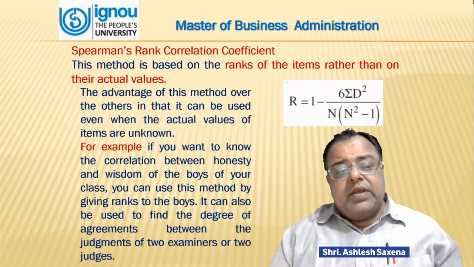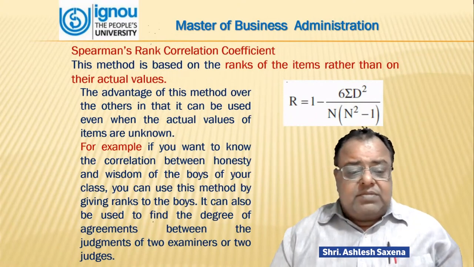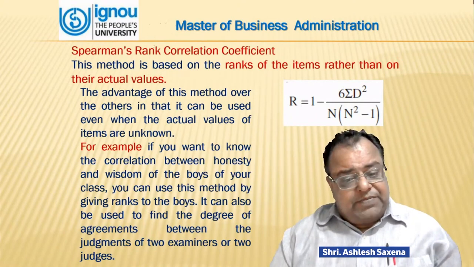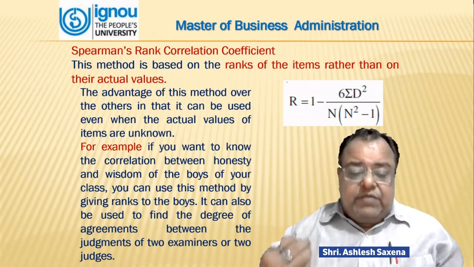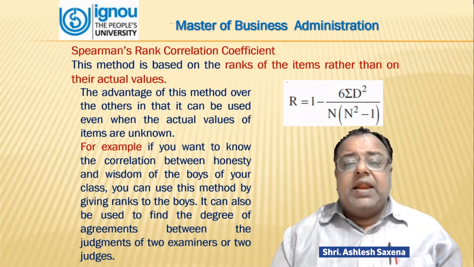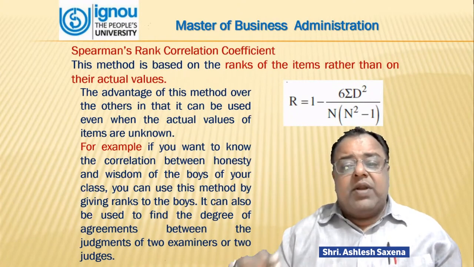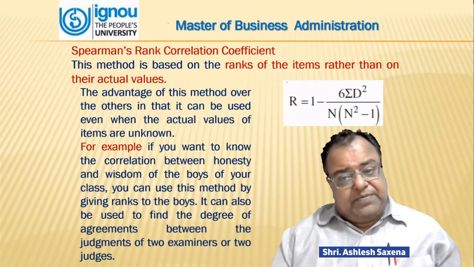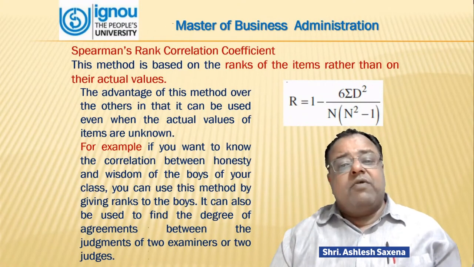For example, if you want to know the correlation between honesty and wisdom of boys in your class, you can use this method by giving ranks to the boys. It can also be used to find the degree of agreement between the judgments of two examiners or two judges. We apply the formula r equals 1 minus 6 sigma d square upon n into n square minus 1. We will go through a problem and see how this formula is applied.